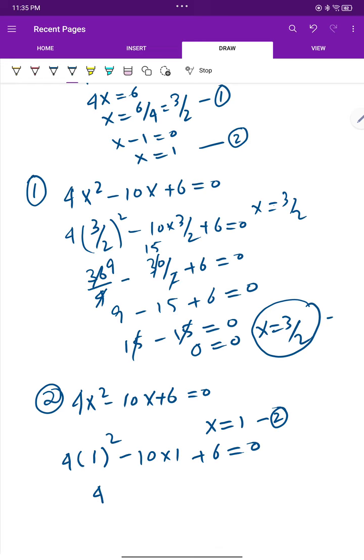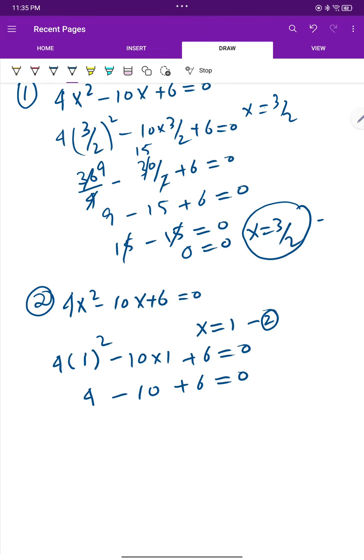So this is 4, this is minus 10, this is 6. Did you understand? So 4 plus 6 is equal to 10, and 10 minus 10 is equal to 0. So 0 is equal to 0, which implies that x is equal to 1 is also true.